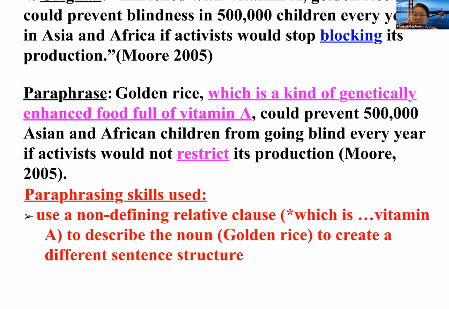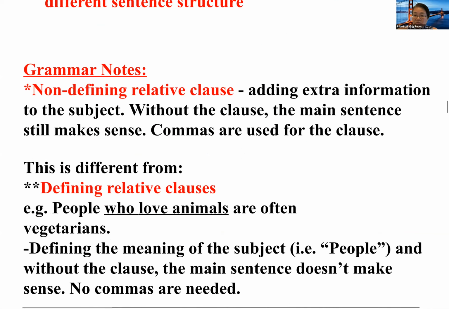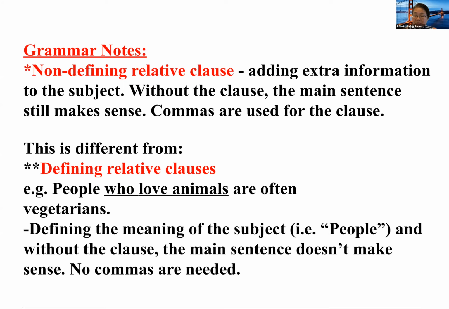There is another type of relative clause, which is called defining. So what does defining mean? If you look at this sentence, people who love animals are often vegetarians. In this case, if it is defining, you notice first of all no punctuation marks, no comma, but also this relative clause is needed.